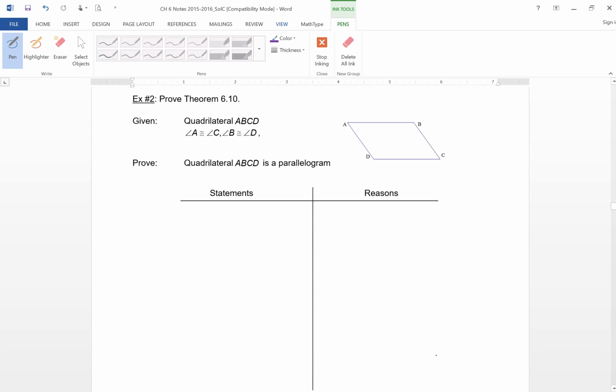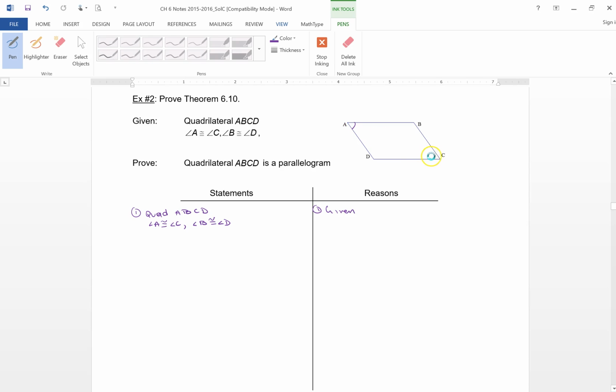Next, we're going to prove theorem 6.10, which says that if opposite angles of a quadrilateral are congruent, then the quadrilateral is a parallelogram. So we're given quadrilateral ABCD, and that angle A is congruent to angle C, angle B is congruent to angle D as part of the given.